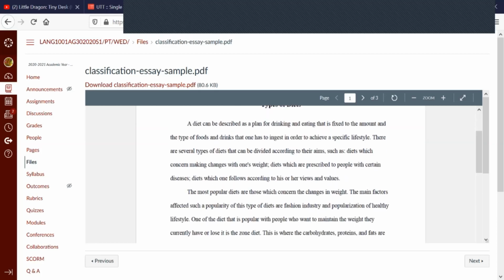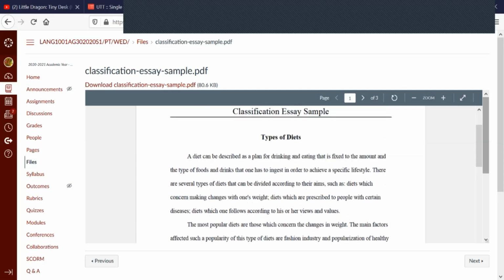So here's an example of a classification essay. And here it's identifying different types of diets. So in the ABD, for example, if we were doing an analysis by division of a diet, we would say what are the 3 main components of a diet, right? And we will explain those 3 components so that people understand what a diet is.